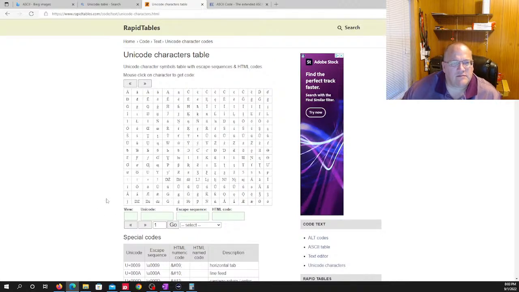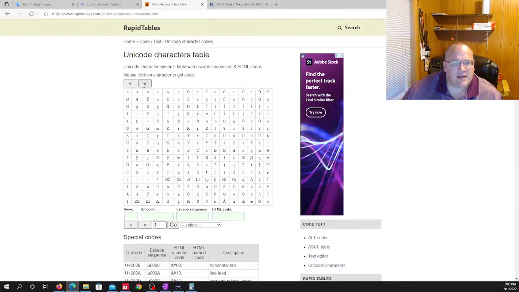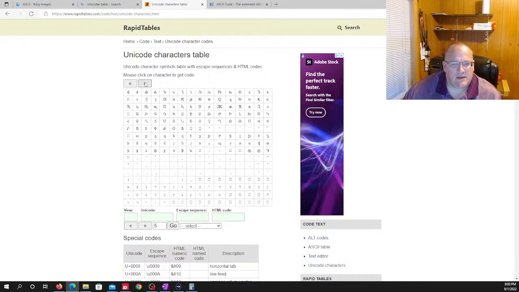Oh, some of it's here, actually. That's why. So all the extended ASCII is right here. So we go to the next one, and these are more characters that we could use, more symbols. And we keep going, and keep going. Still haven't seen any of those. We do see all kinds of different mathematical symbols even.